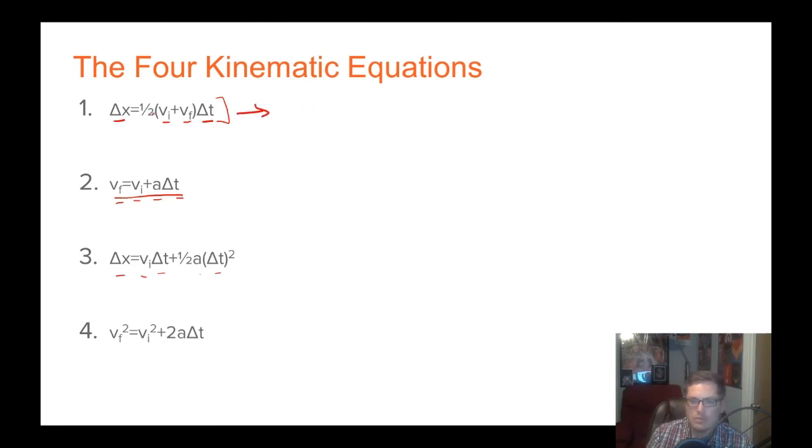If we multiply by 2 over, we get 2 times delta x, and we divide it by vi plus vf, and that equals delta t, right? So 2 delta x divided by vi plus vf equals delta t. Now we can use that formula.